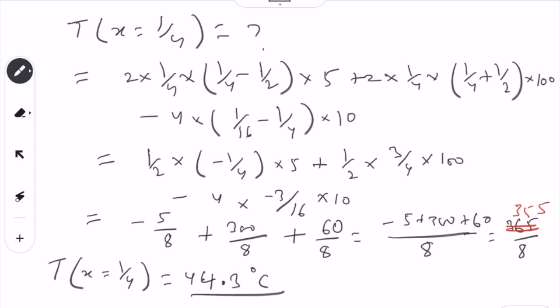Okay, so the value we are getting is 44.3.